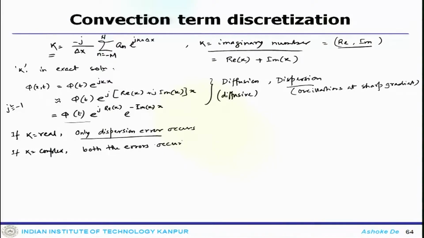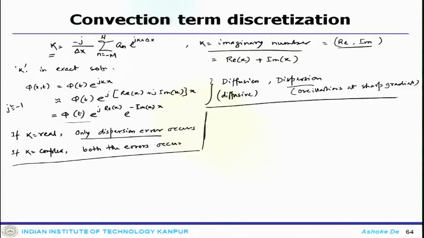So, based on this analysis, now one can have a value for k for different schemes. k could be different for the upwind scheme, and different for other schemes. So, let us say we consider the upwind scheme and try to find out the value for k.